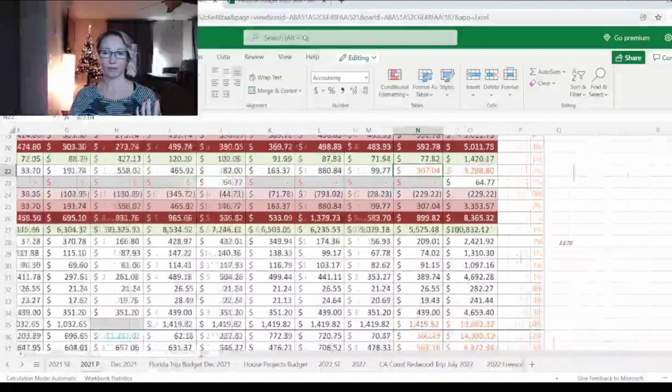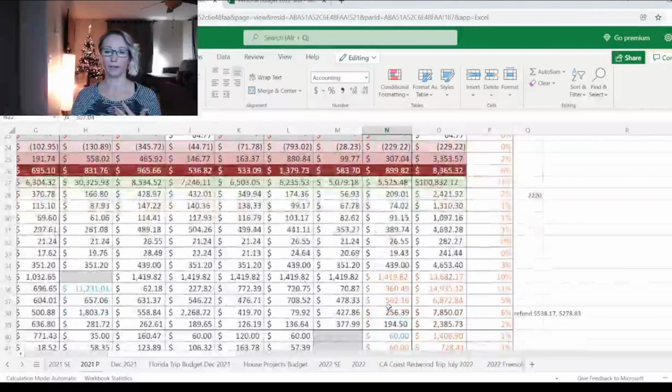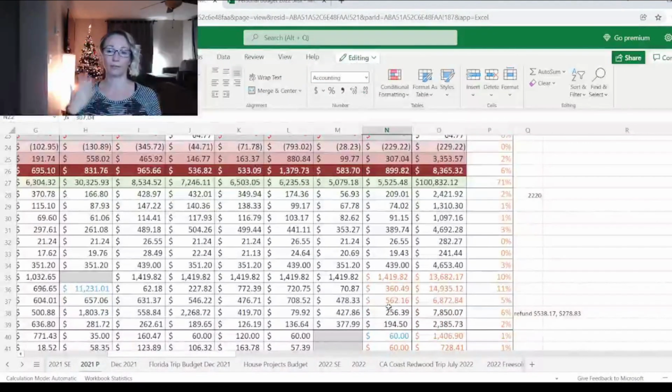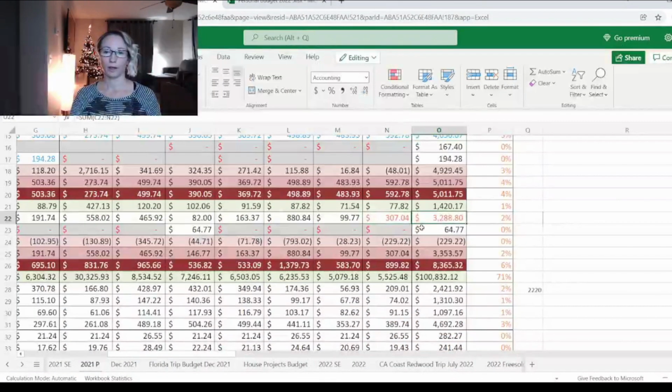And you're going to see here in December, I still have some orange numbers because these are the bill money, if you will, for January. So those numbers are going to start coming out of our bank account. But anyway, we spent about $3,288 on giving this year, and that was about 2% of our income.